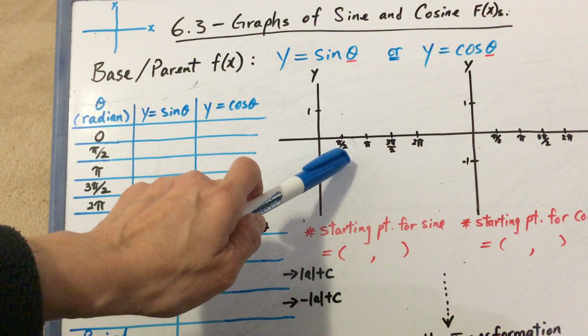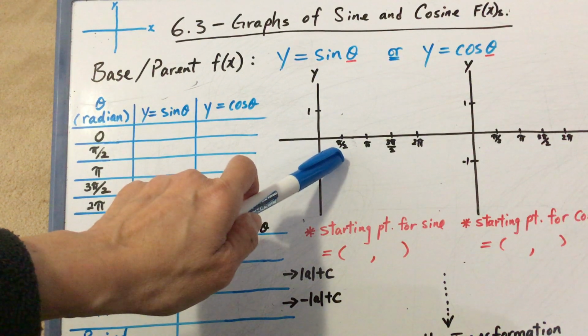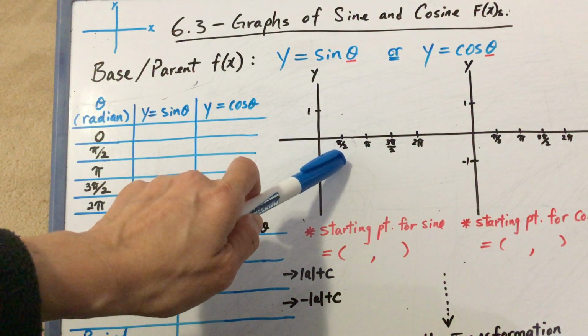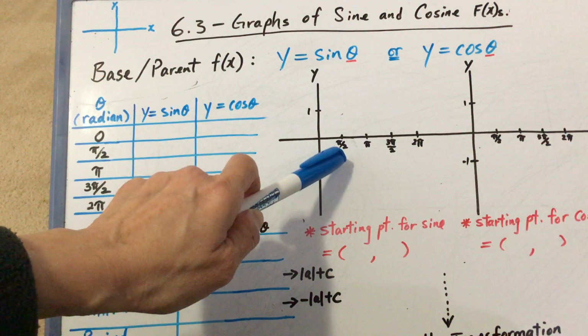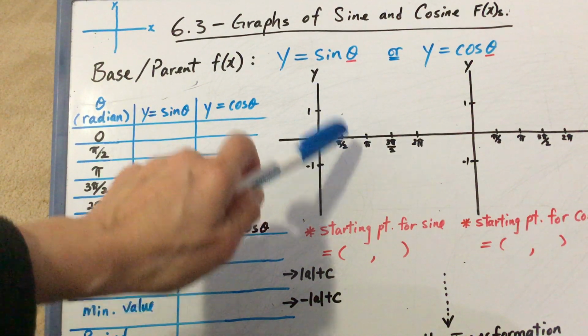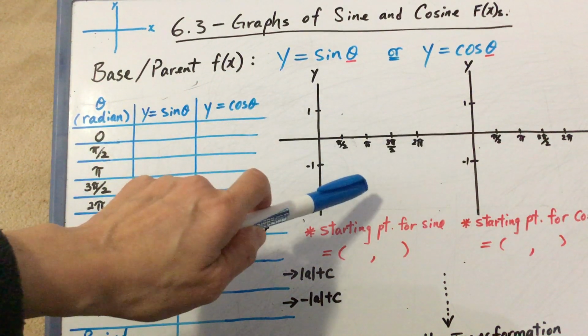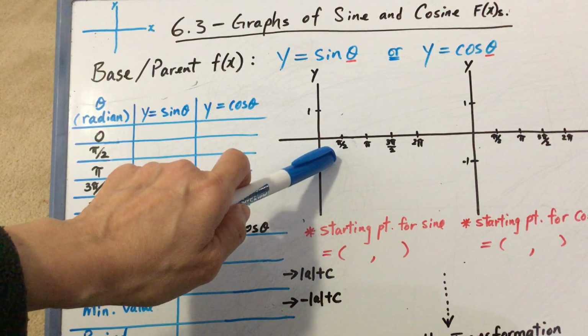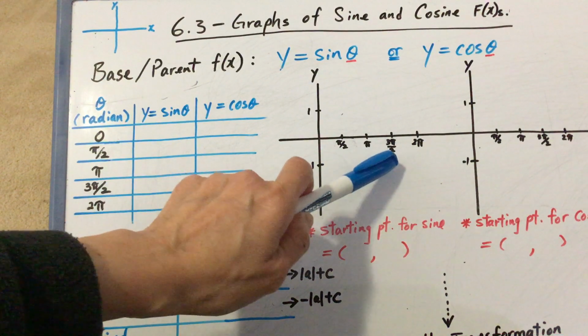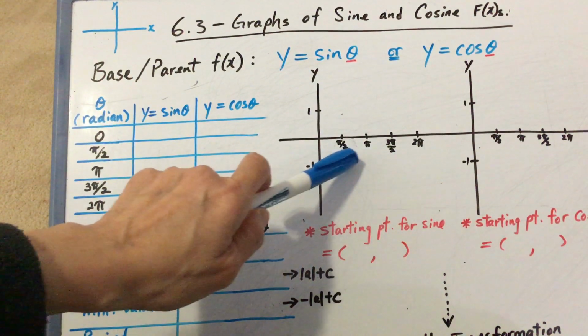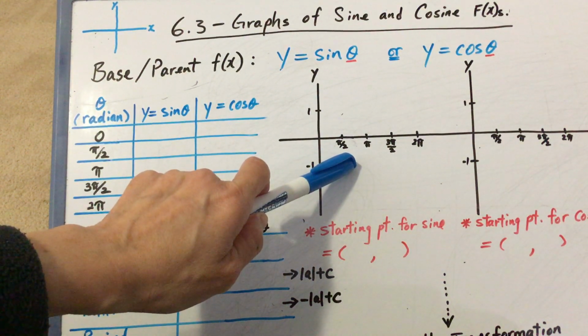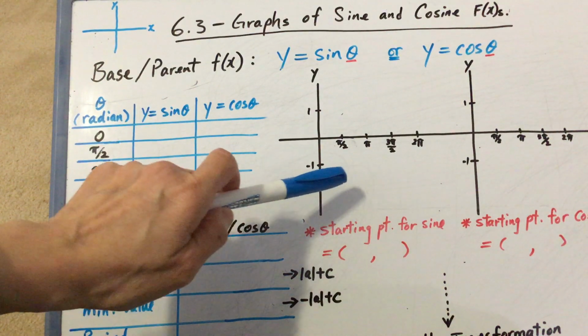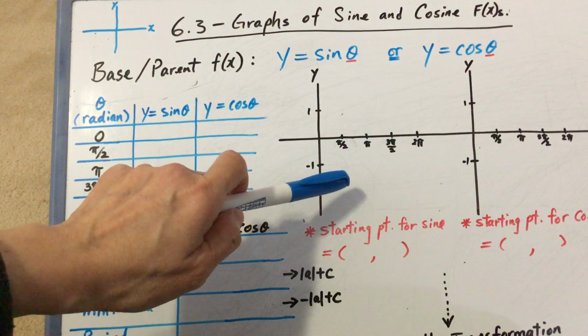So be sure that this is what you have to learn in this unit: how to graph the sine and the cosine with transformations later on, with everything on your graph labeled at the key points with the radian measures only. I'm going to show you a very unique technique to do that.